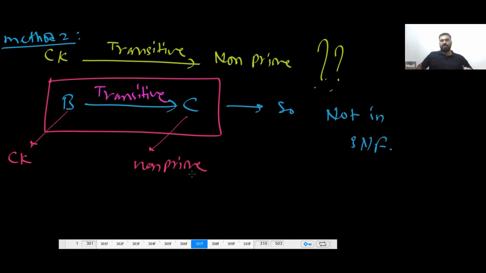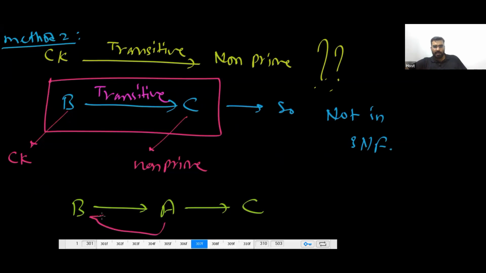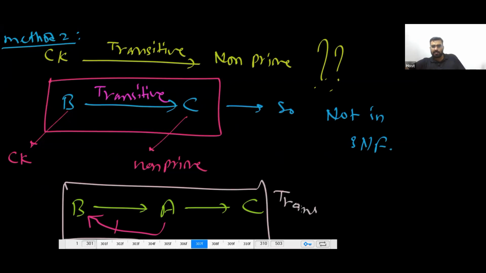Your relation is not in 3NF because you can notice B can determine A, A can determine C, but A cannot determine B. Picture perfect, the diagram. So this is a transitive dependency. Who is transitive? B determining C.